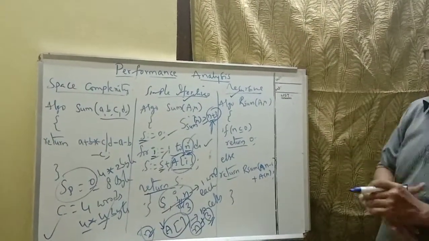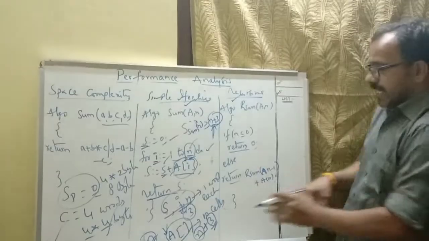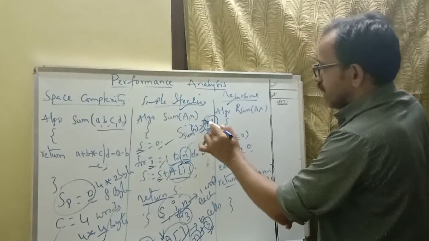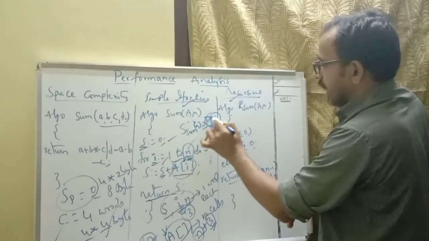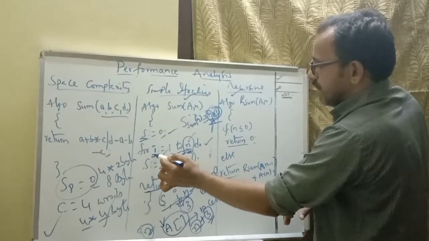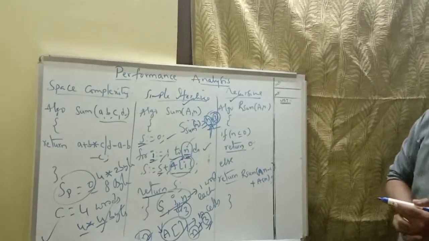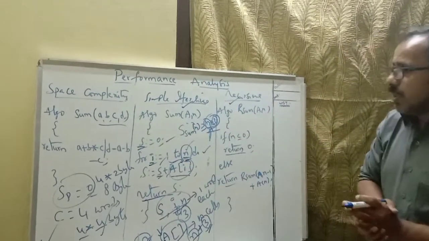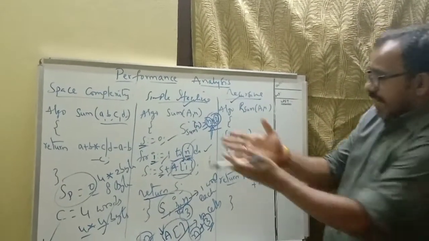Then what about recursion now? Is this clear? So the simple iterative procedure requires this number of cells. N is for storing the array elements, and 3 is for storing s: one cell for s, one cell for i, one cell for n. So totally n plus 3 cells are required for this program or algorithm. But what about other iterative procedures? We are treating it as simplest.